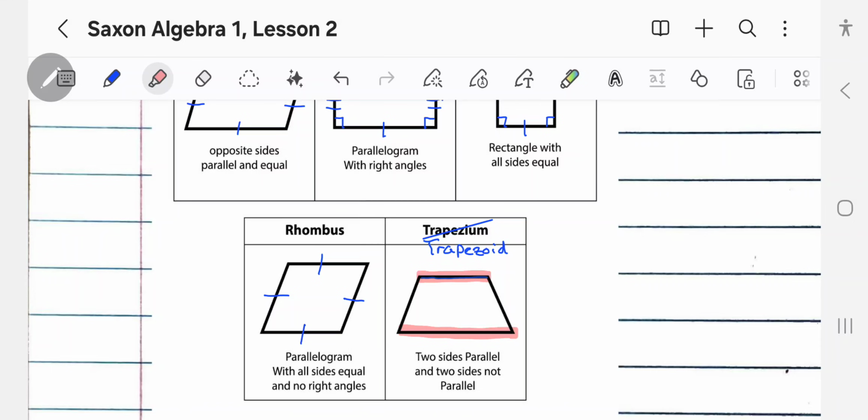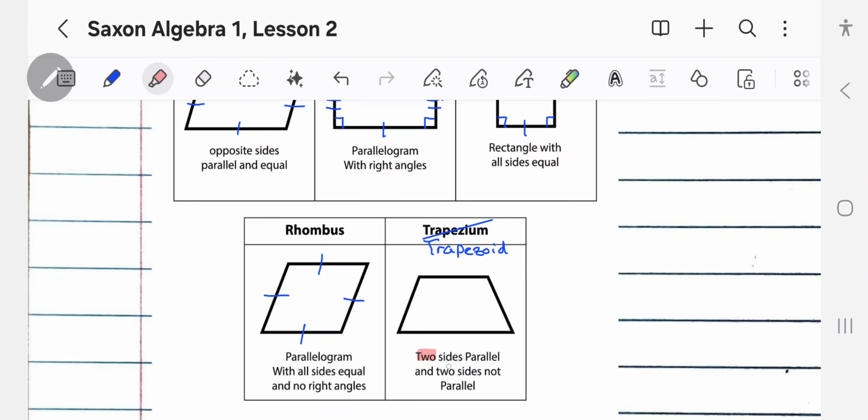This side and this side, those are parallel. If you extended them out, they would not cross. But if you look at these sides, you say, well, they don't cross. No, but what if you extended them out? They would, wouldn't they? They would cross. So a trapezoid has 1 pair of parallel sides.